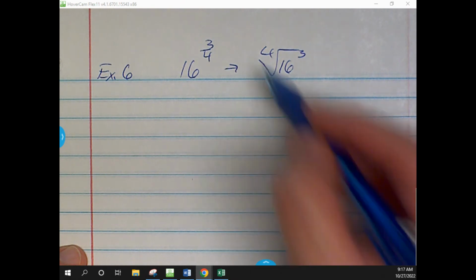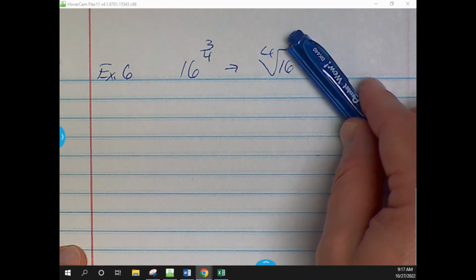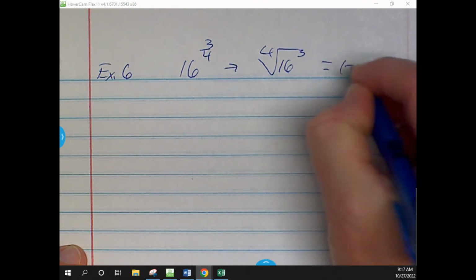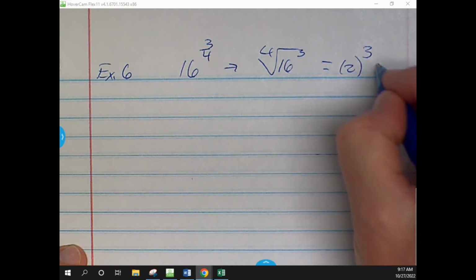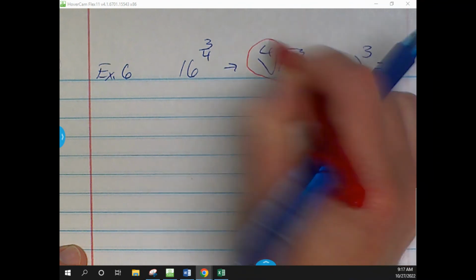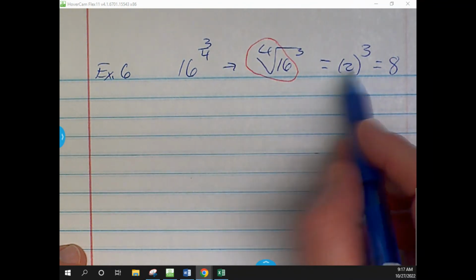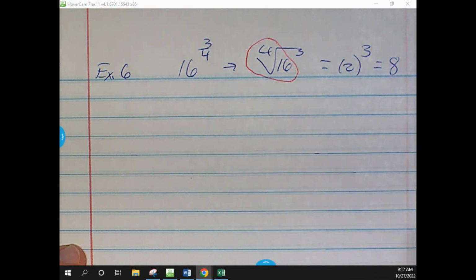And we just did the fifth root of 32, which was 2. So anybody want to take a guess what the fourth root of 16 is? It's just 2, right? So that's 2 to the third power, which is 8. Okay. So again, check the radical part of it first. And then once you've got the radical part, then you can go back and do your exponents on those.